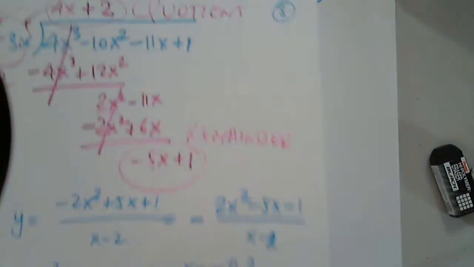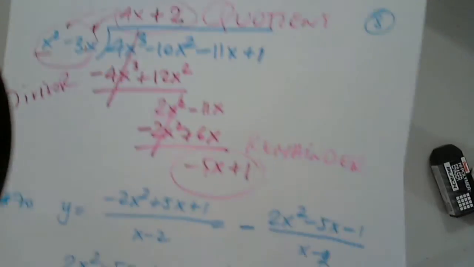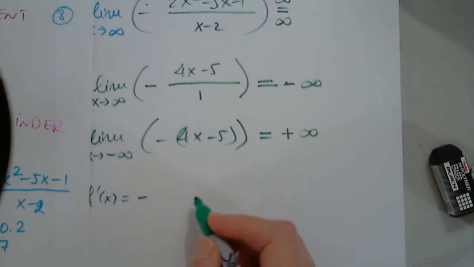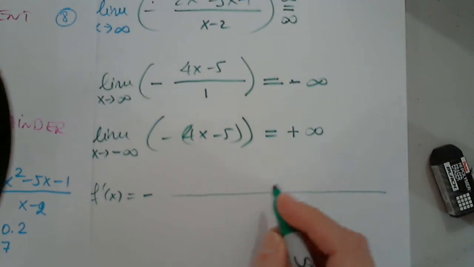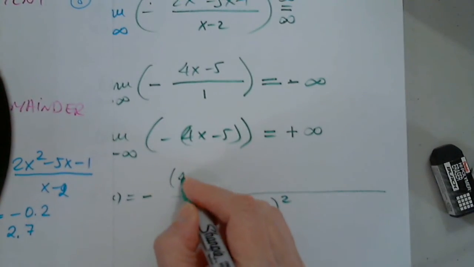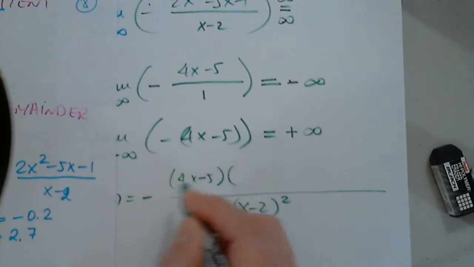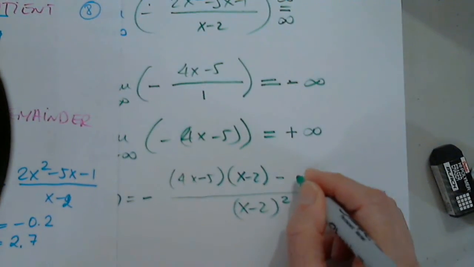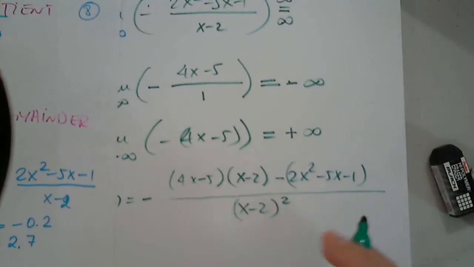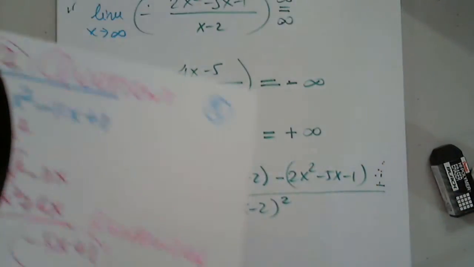Messy. It's a messy problem, right? So I'll keep it here. So f prime of x. Negative stays outside patiently, waiting. The top prime, 4x minus 5, times the denominator, minus 2x squared minus 5x minus 1, times the denominator prime. Luckily, that's 1.